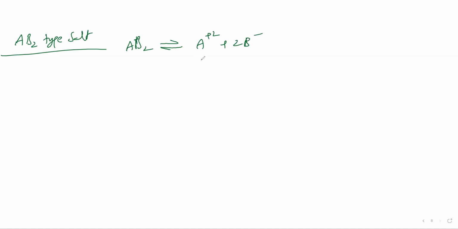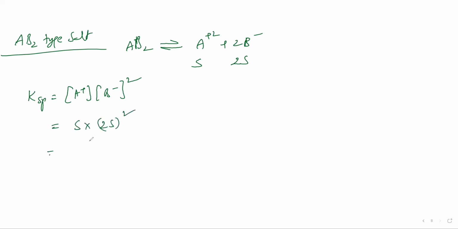Now let us suppose its solubility is S. Then what is KSP? Concentration of A plus 2, concentration of B minus power 2. So what is the concentration of B minus? 2S. So S into 2S whole square, S into 4S square is equal to 4S cube.